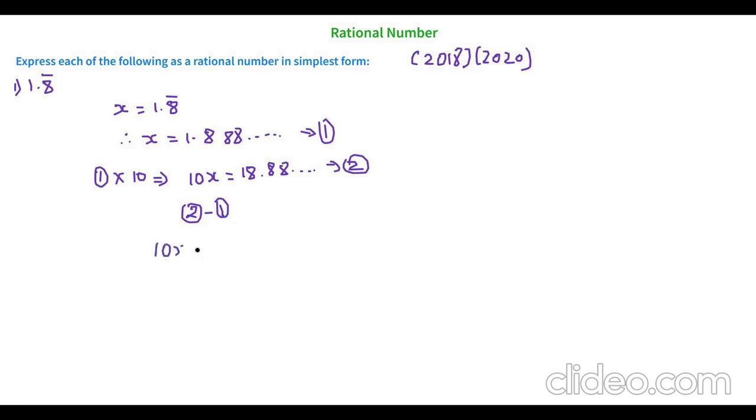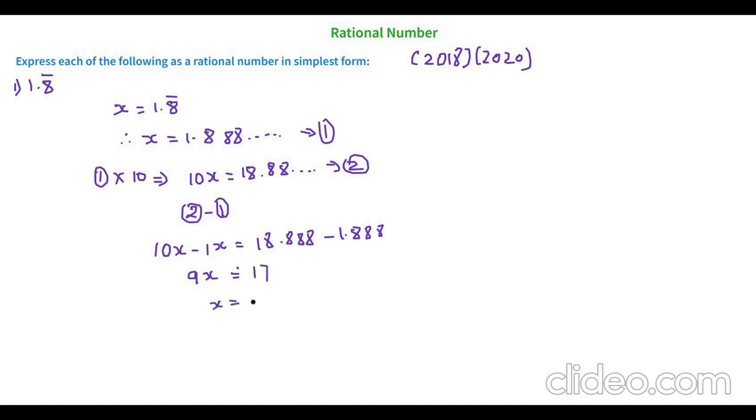So we get 10x minus 1x, the first equation, equals 18.888 minus 1.888. So 10x minus 1x, which is 9x, equals 18.888 minus 1.888, which gives 17.